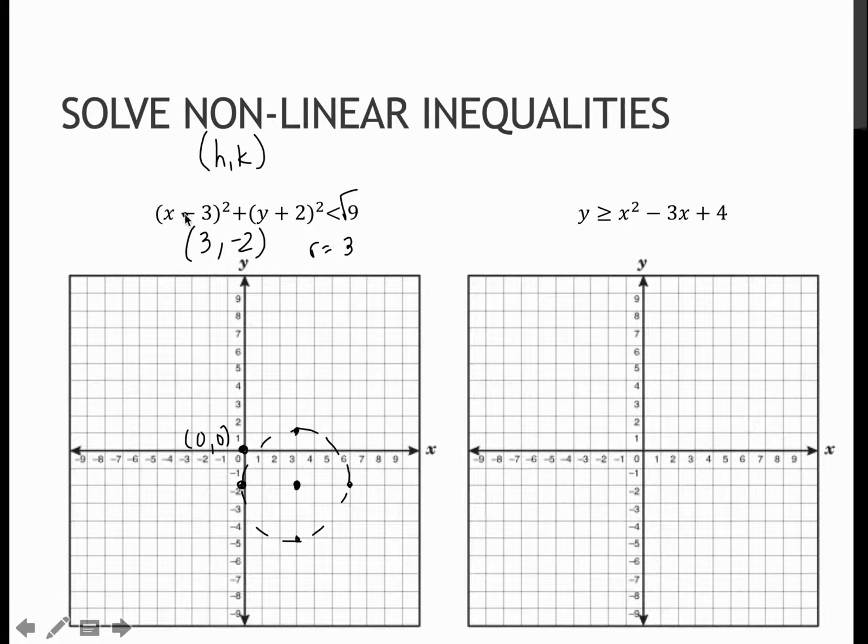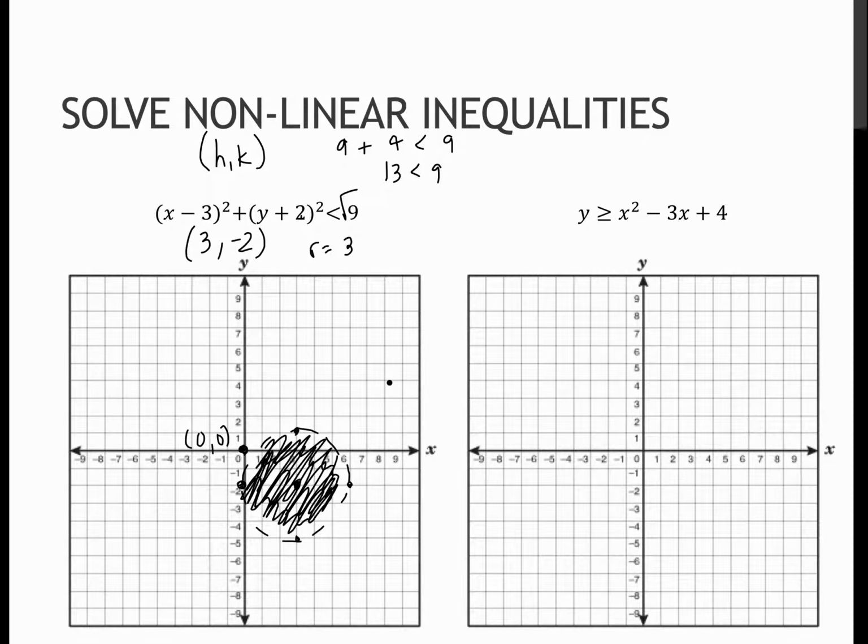So 0 minus 3 is -3, squared is 9. 0 plus 2 is 2, squared is 4. So I get 9 plus 4 is less than 9, or 13 is less than 9. True or false? Obviously 13 is not less than 9, so 0, 0 shouldn't be shaded. So now that means I should have shaded the inside of my circle.